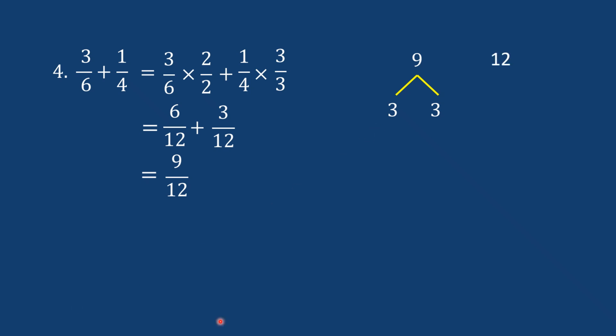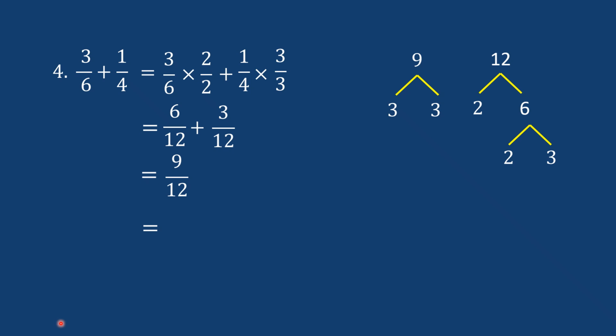Let's go to 12. Think of two numbers that multiply to 12. 2 and 6. 2 is a prime number, but 6 is not a prime number. So think of two numbers that multiply to 6. 2 and 3. 2 times 3 is 6. 2 is a prime number, 3 is a prime number.